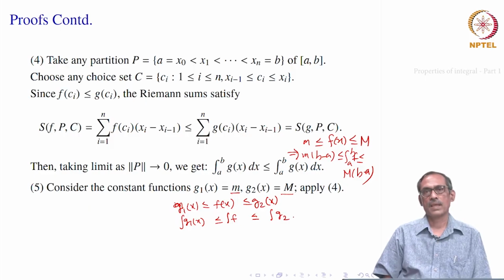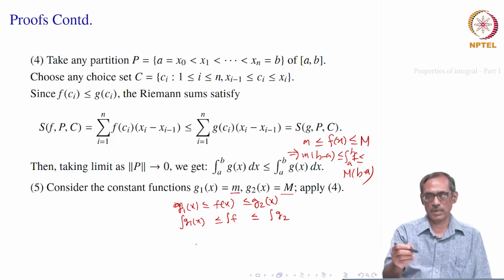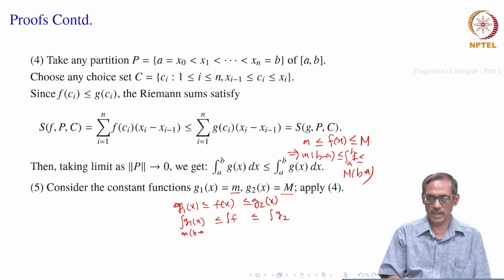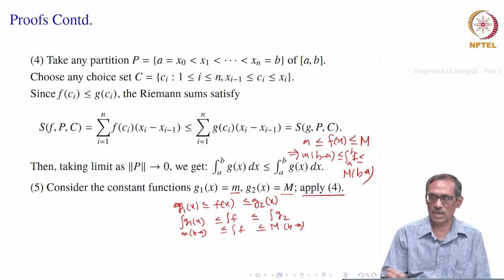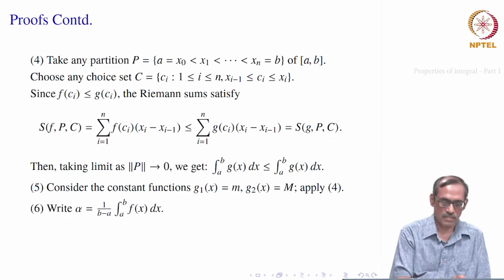And what is the integral of g1? By property 2, we see that it is equal to m into b minus a. So, you get the inequality that this integral is less than or equal to capital M into b minus a. That is how the proof will go. So, it is just an application of the fourth property.